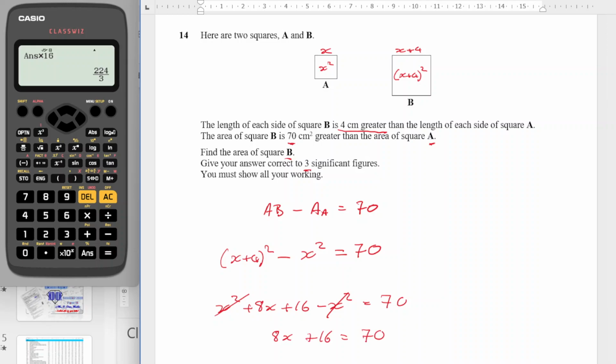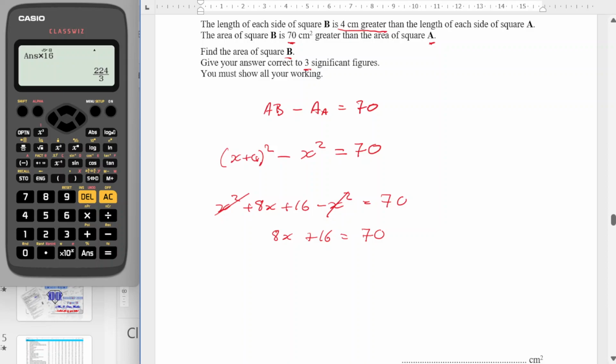If I minus 16 from both sides, I'd get 8x is equal to 54, since 70 minus 16 is 54, and then divide both sides by 8. So 6 3/4. That's the length of x.